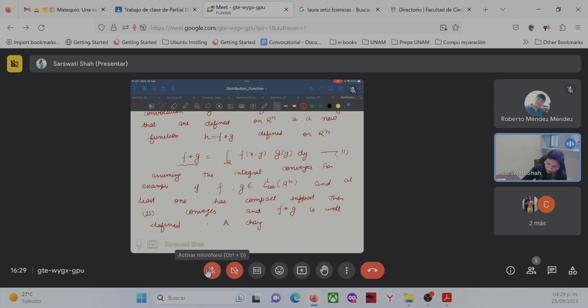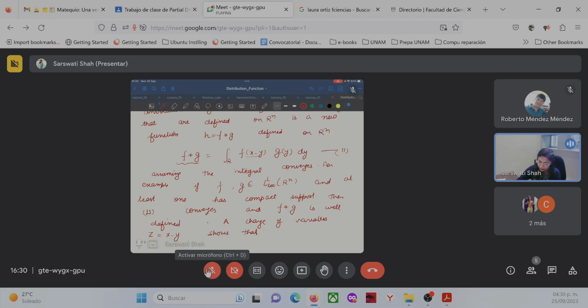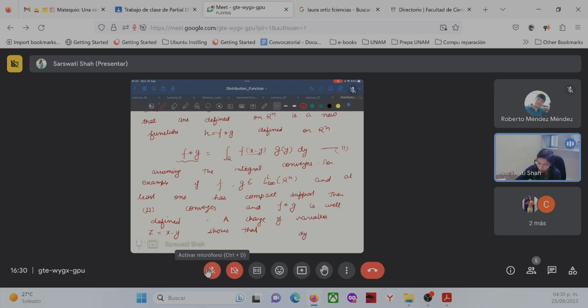With a change of variables z equals x minus y, if you take x minus y equals z, then dy will be dz, so f of z, g of x minus z, and dz.